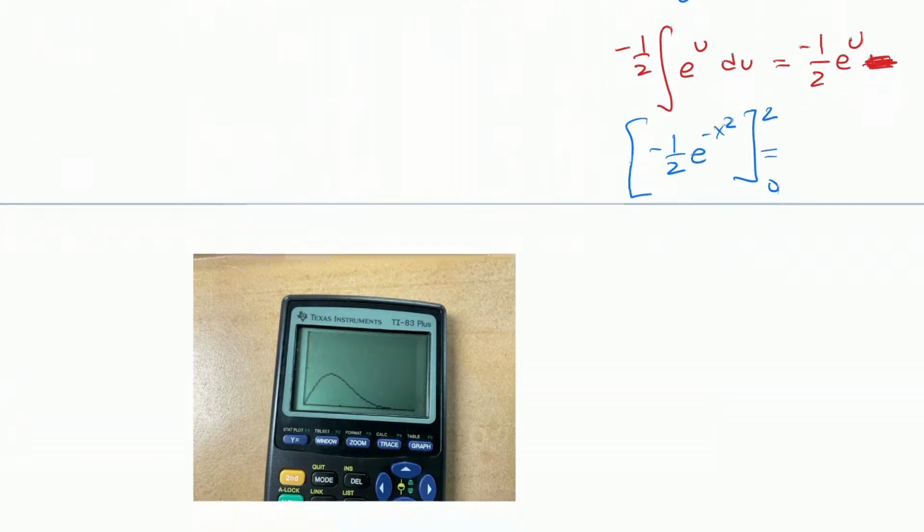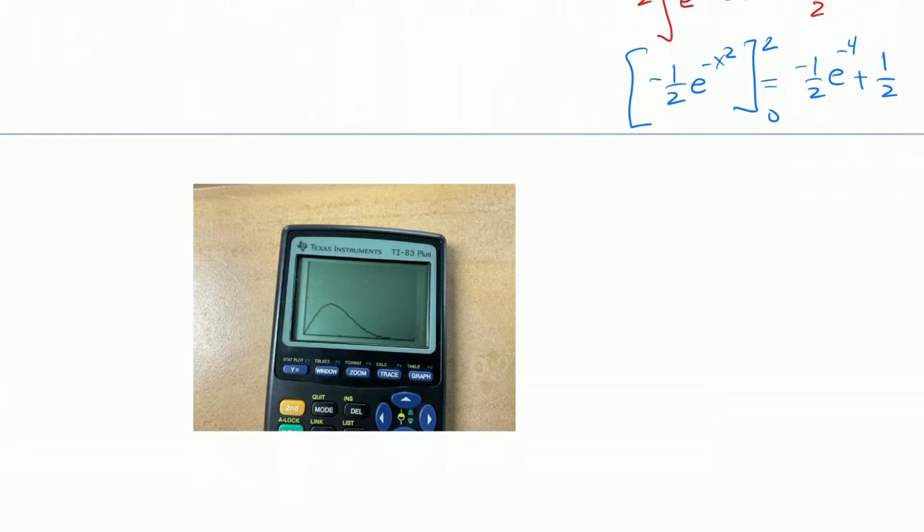So let's see what this is. Negative 1/2 e to the negative 4, sorry, minus negative 1/2, so that'll be plus. Okay, so it'll be 1 minus e to the negative 4 over 2.